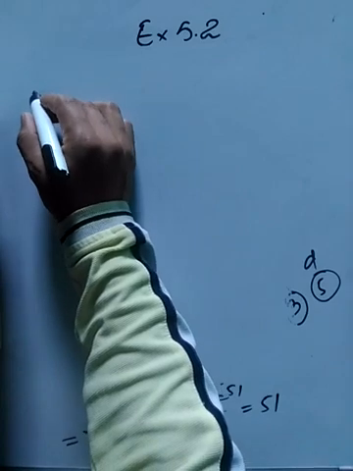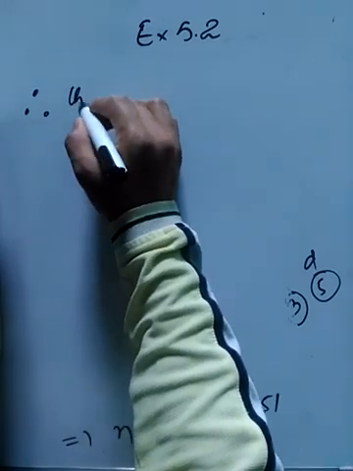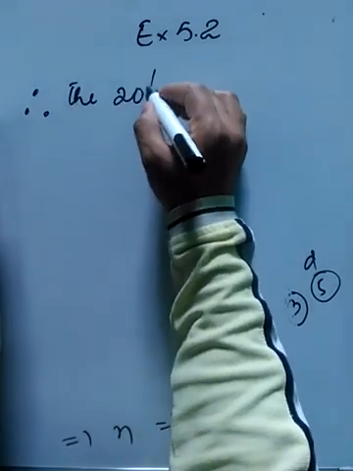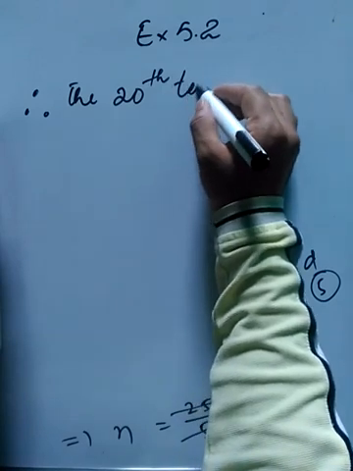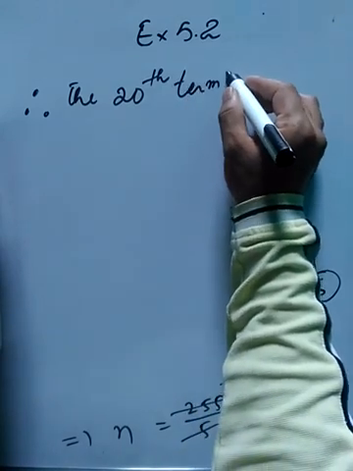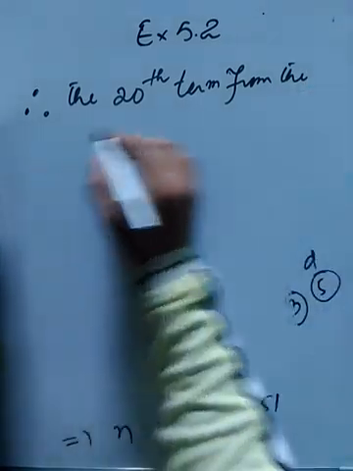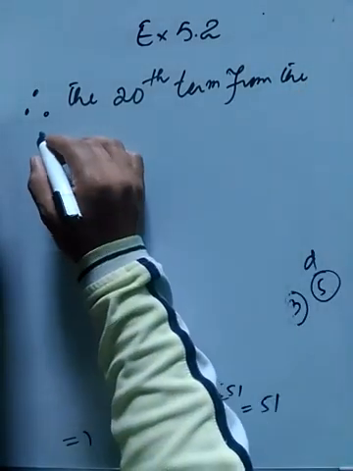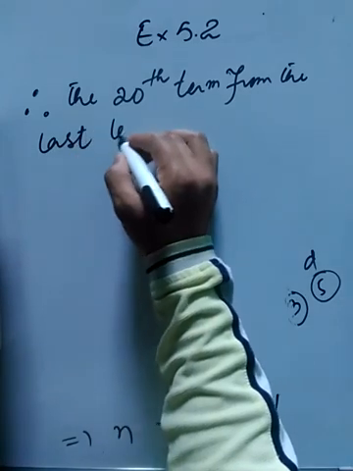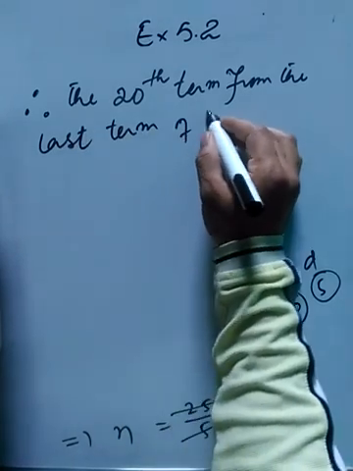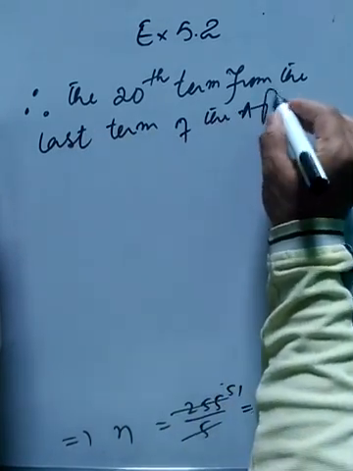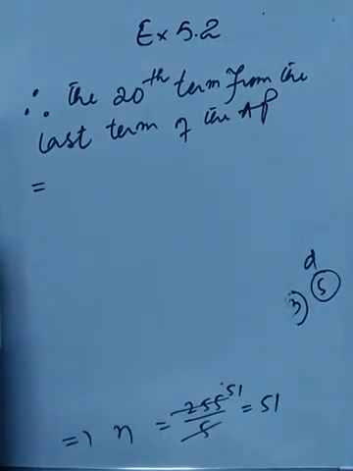Okay, therefore the 20th term from the last term of the AP is equal to, first we have to write how many terms are there.